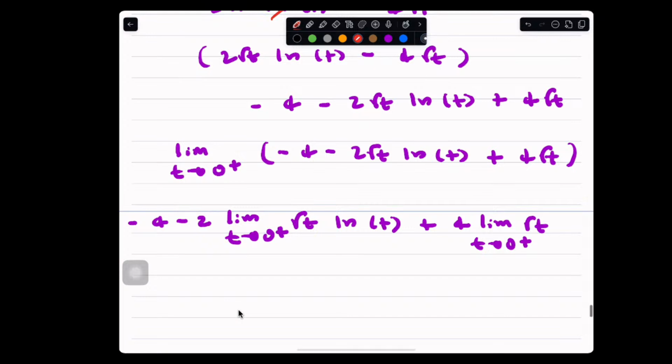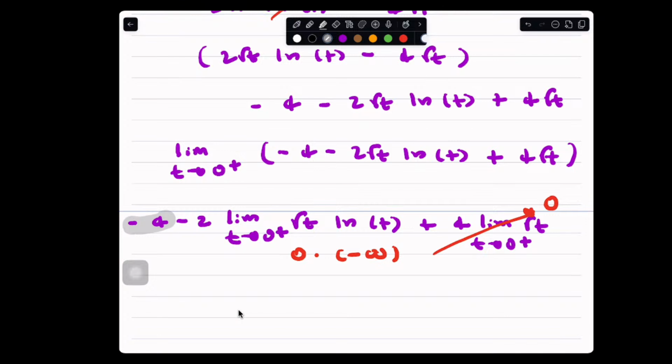Okay, so this is going to be 0. And then here we get 0 times negative infinity. Don't forget, though, that first limit really is the limit of a constant, so that constant negative 4 is there.